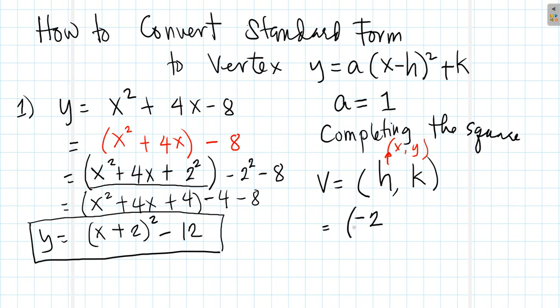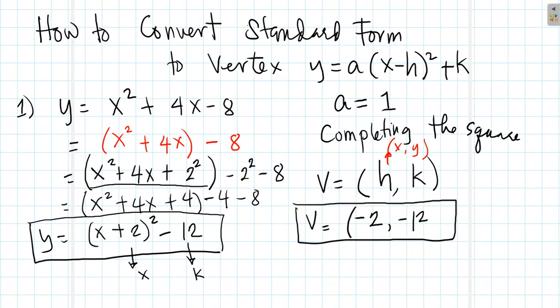So k is equal to negative 12. So we have now the vertex, which is equal to negative 2, negative 12. This is using completing the square, because we have another method of converting it to the vertex form using the formula.